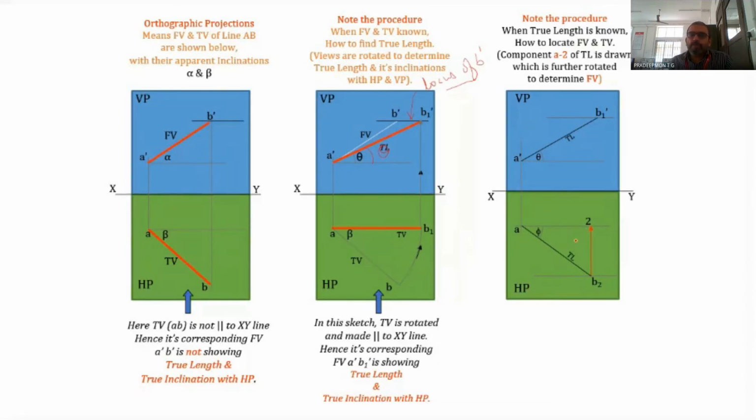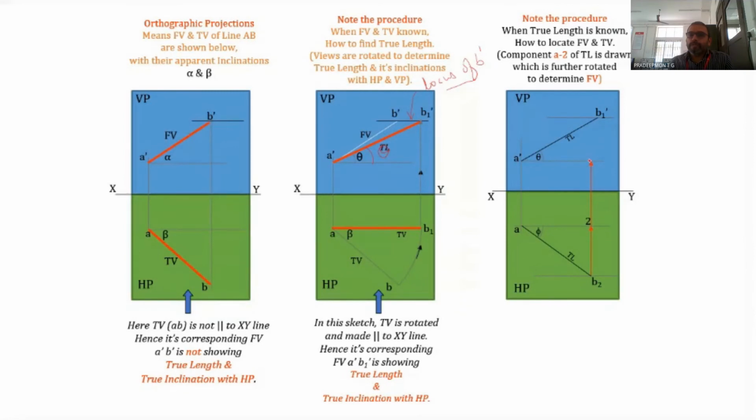The length of the front view when the line is inclined at an angle phi with the VP, we have already discussed. So that can be found out, and the same point B2 is projected to this point.